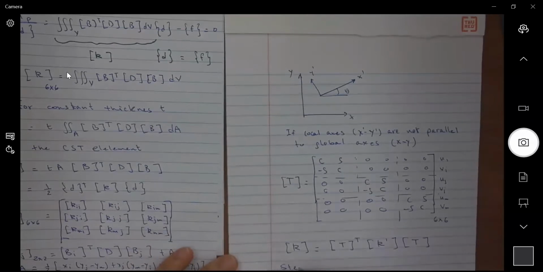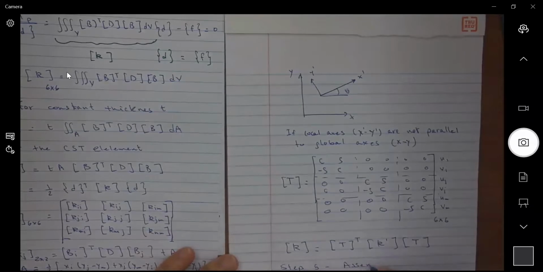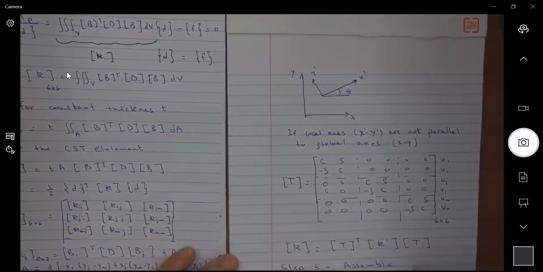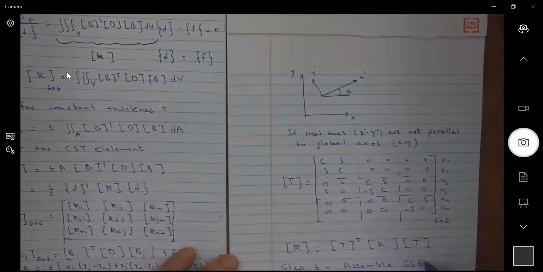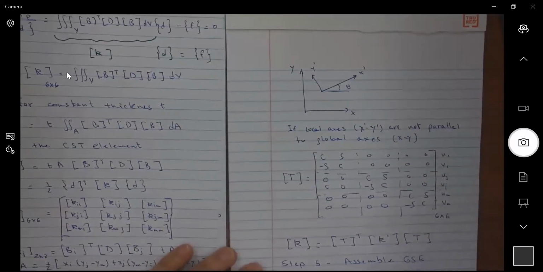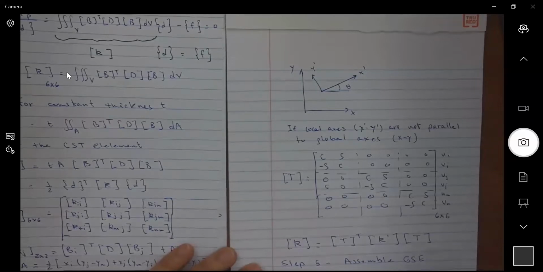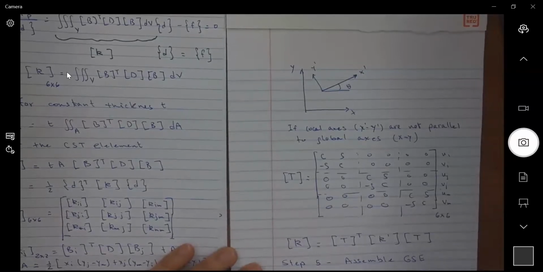Now, step number 5 would be to assemble the global stiffness equations and matrix. So basically, you're going to put together this uppercase K, which is equal to the sum from e equal 1 to N, where N is the number of elements.